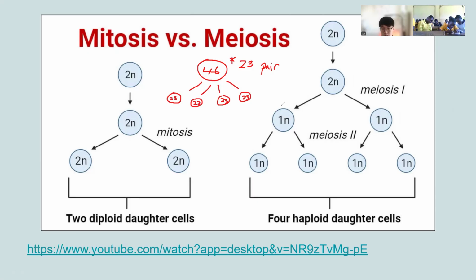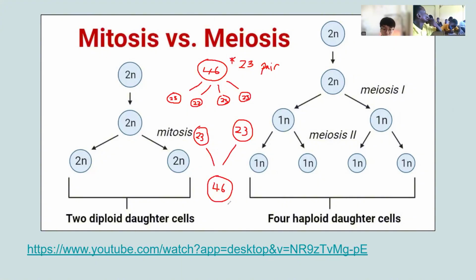So this process is called meiosis, right? And then these two, 23 from the mother, 23 from the father, by fertilization combine to form a zygote of 46.